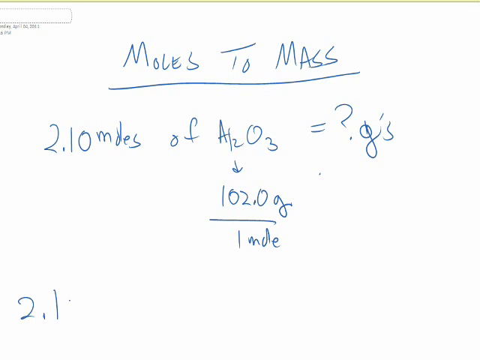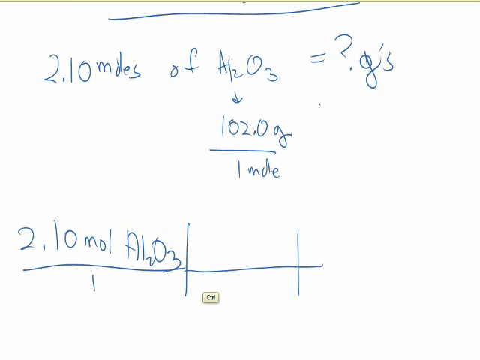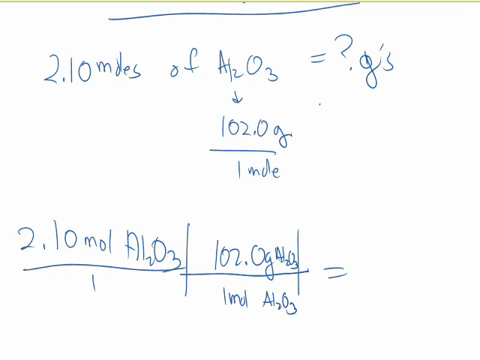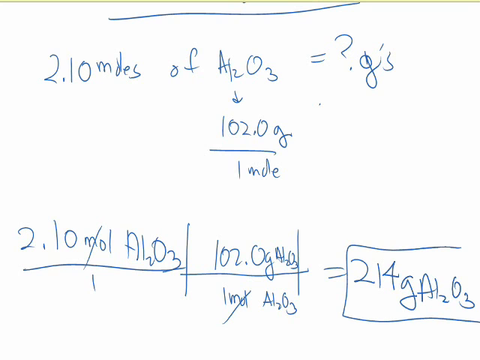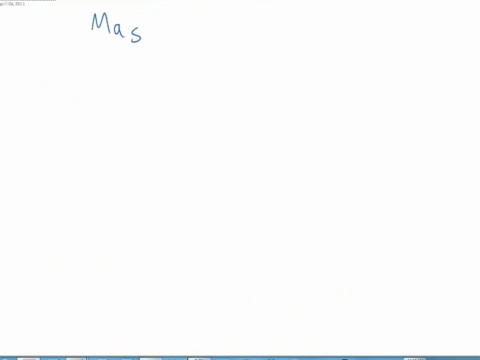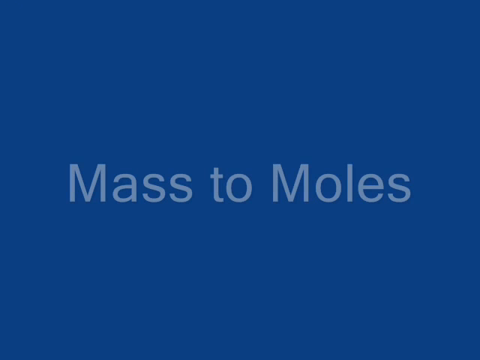We start with 2.10 moles of Al2O3 over 1, and we multiply that by the molar mass, 102.0 grams Al2O3 over 1 mole Al2O3, and we get 214 grams, the moles cancel out, of Al2O3, aluminum oxide.